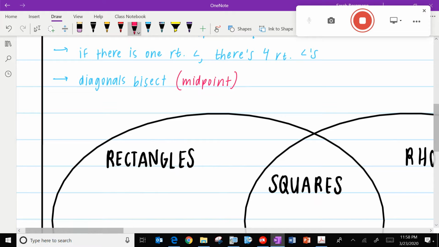One other way to show that a quadrilateral is a parallelogram is to show that one pair of opposite sides is both parallel and congruent.